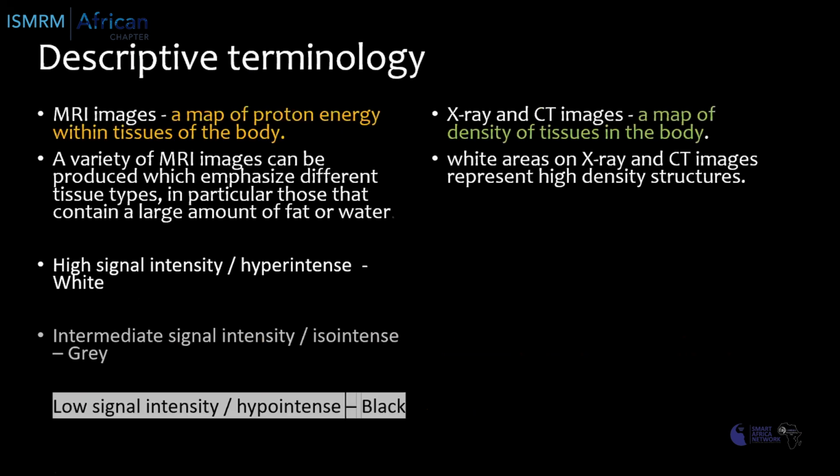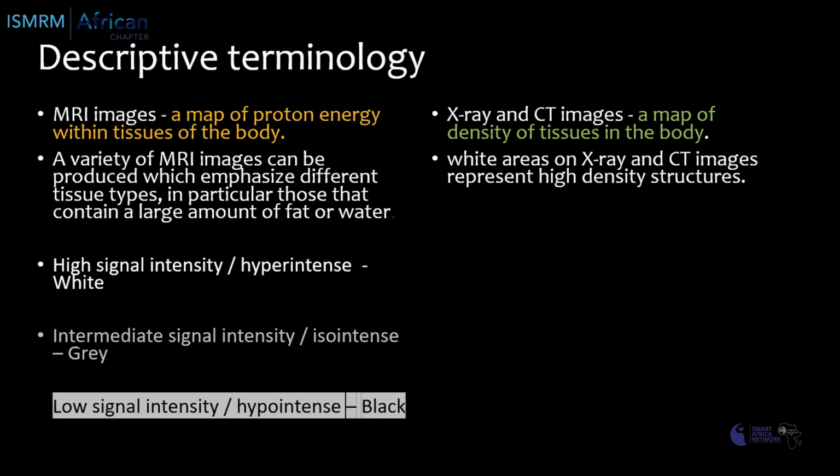So how do we describe the images that are seen on an MRI scan? The MRI scan can be likened to a map of proton energy within tissues of the body, or the brain, as in this case. A variety of images can be produced which emphasize different tissue types, in particular those that contain a large amount of fat or water.